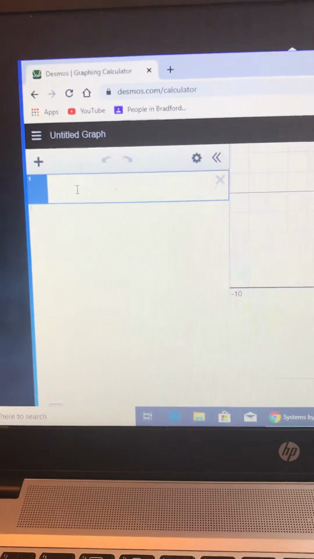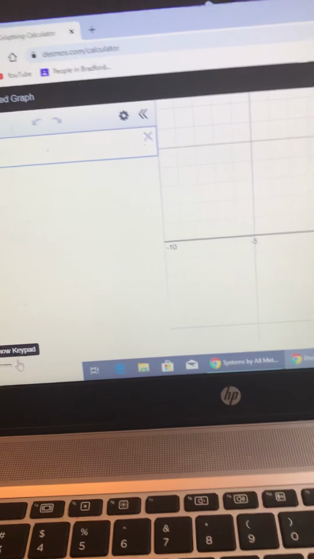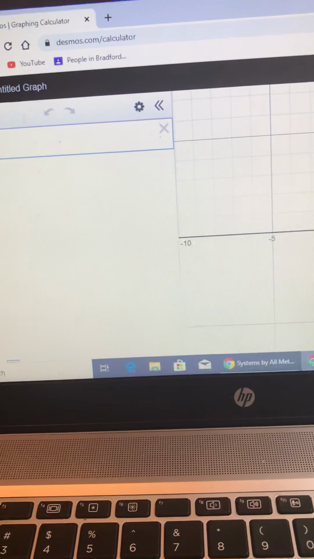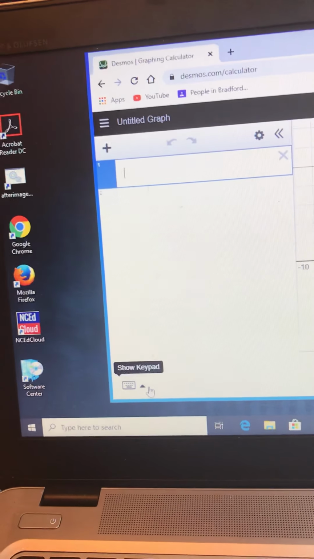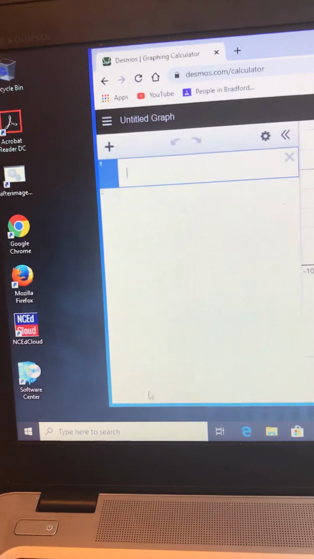For our first system, we're going to get our keyboard up. We notice down here that it's got a keyboard, and we're going to access it by show keypad.